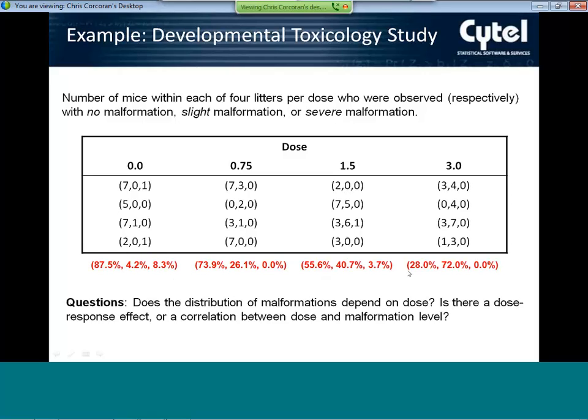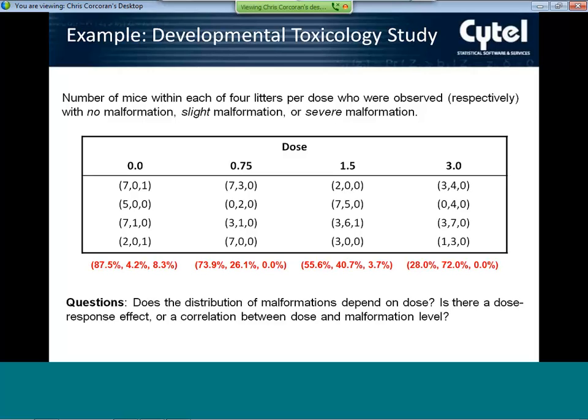And these percentages on the bottom represent the percentages across these response categories in aggregate. But again, if we were not to pay any attention to the litters that these mice came from and treat them all as independent, these data would be stored in a 3 by 4 table.